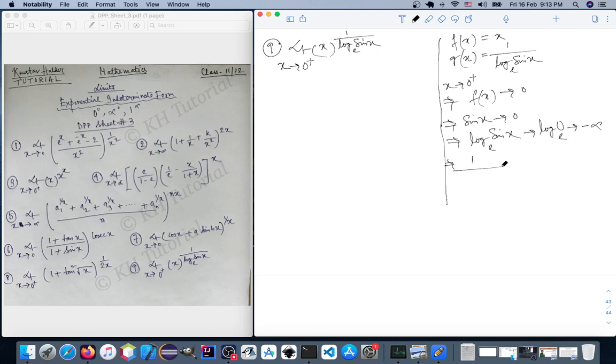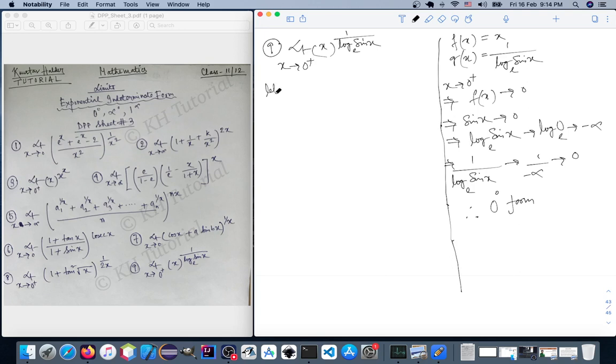This implies 1 by log e sin x tending to 1 by minus infinity, tending to 0. So here the form is 0 to the power 0 form.